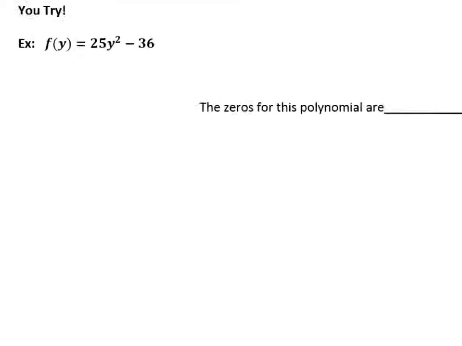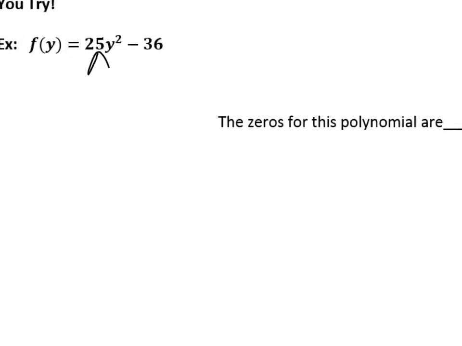So here we go, 25y squared minus 36. First, we check that it's a minus since it's a binomial, and then 25y squared is perfect. That would become 5y and 5y. 36 is also perfect, 6 and 6.